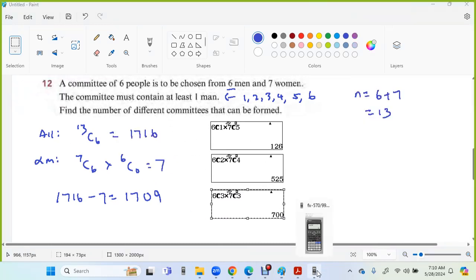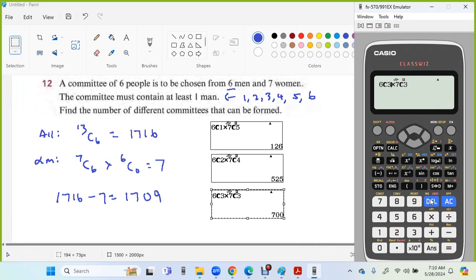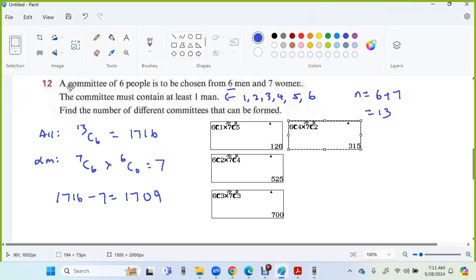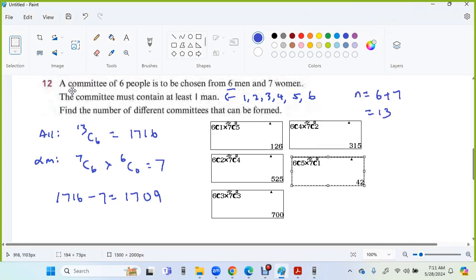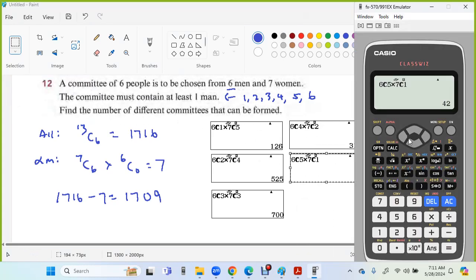And then we have the 4 men, 2 women, and then we have the 5 men, 1 woman, and we have the 6 men and then no woman.